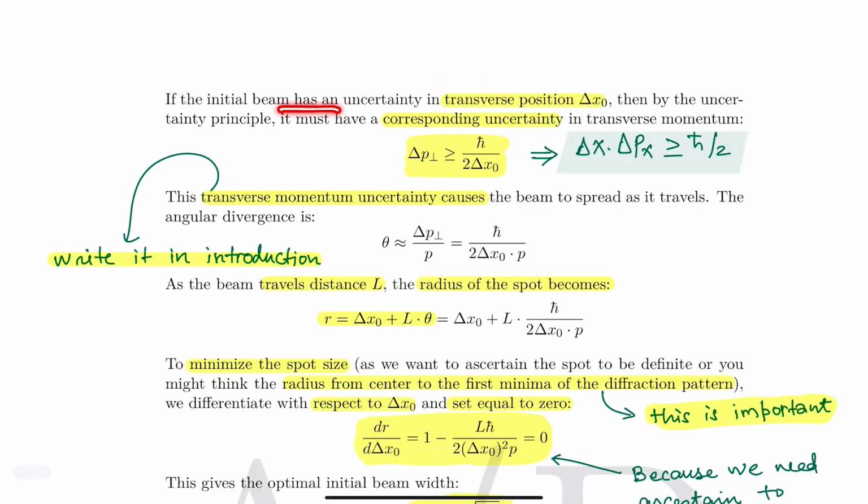If the initial beam has an uncertainty in transverse position, which creates a spread, then we are required to find the radius.